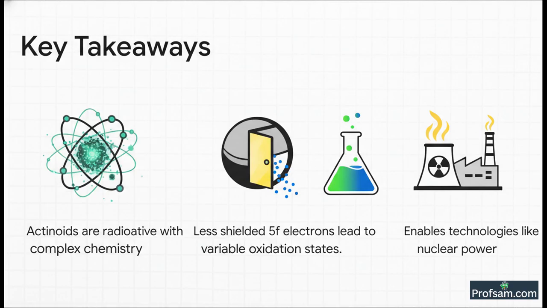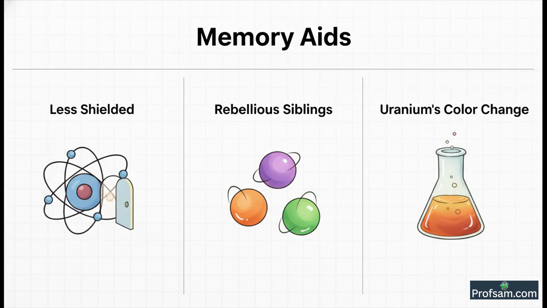And point 3, this special property is something we can see in uranium's color changes, and it's what enables huge technologies like nuclear power. Look, I know this can feel like a heavy topic, but trust me, if you just remember 3 things, the core idea of less shielded electrons, that mental picture of the rebellious siblings in the lab, and that one clear example of uranium's color change, this whole topic will feel much, much lighter for you.